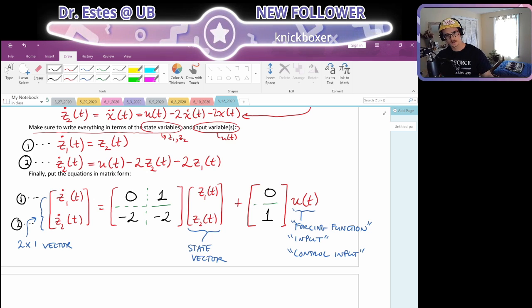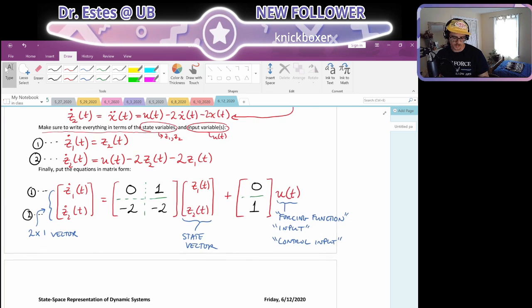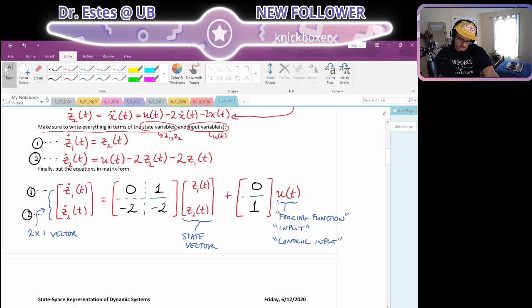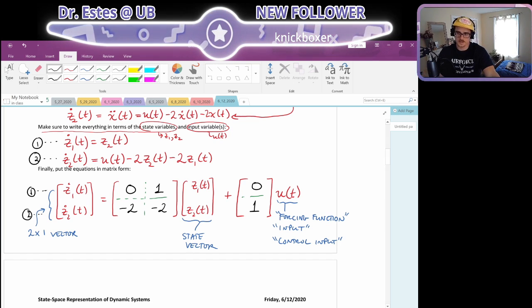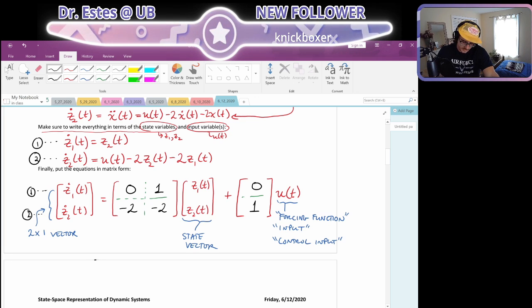And to test if your matrix equation is correct, you could just go through the exercise of multiplying this out. You guys have all done matrix algebra before, right?